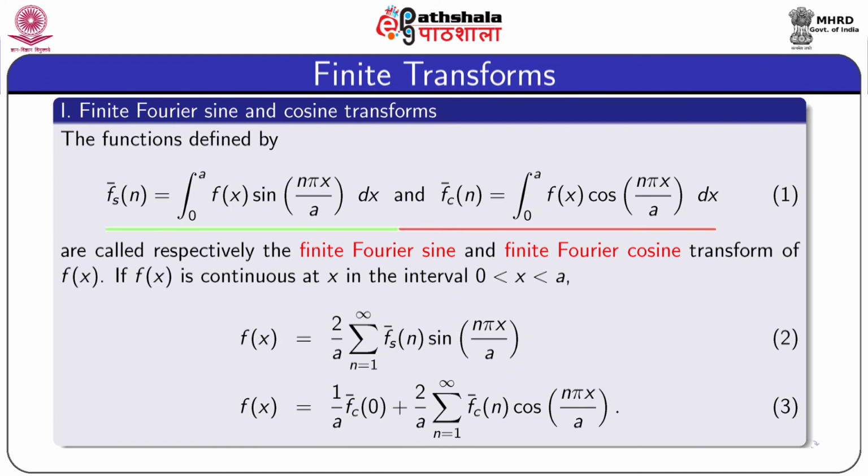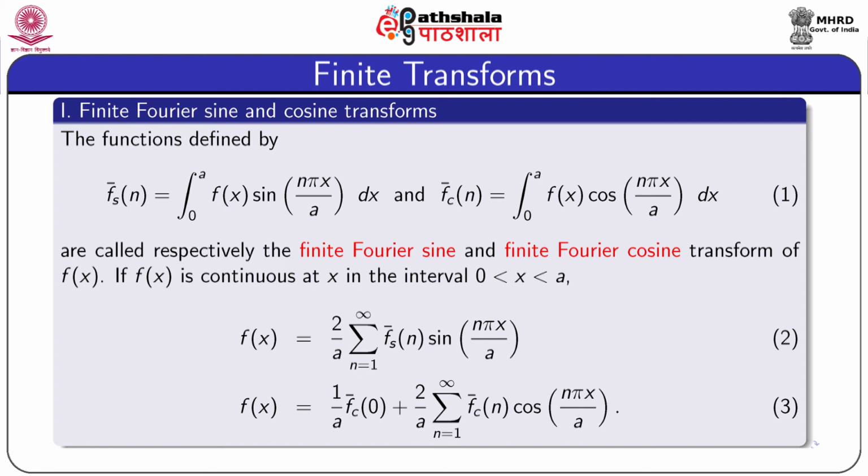Similarly, we can define finite Fourier cosine transform of f(x), which is denoted by f bar c (n) is equal to integration 0 to a f(x) cos(n pi x by a) dx.